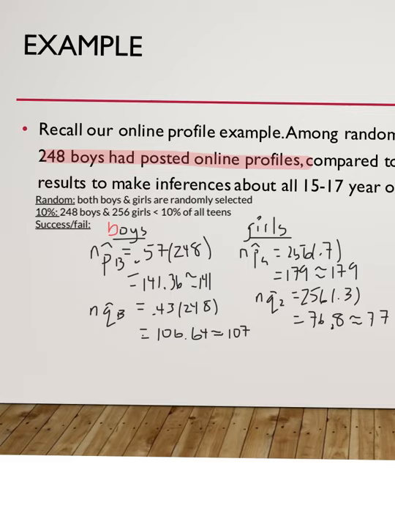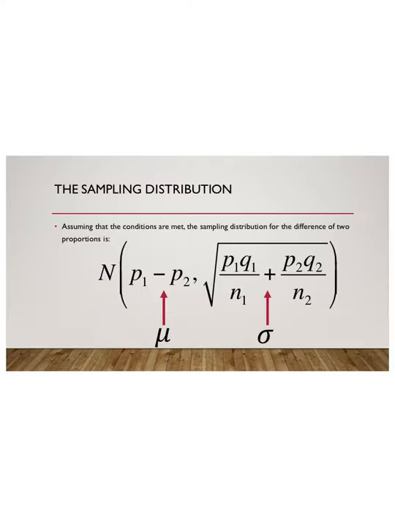So because all four of these are at least 10, we can use our inference methods. As soon as our conditions are met, the sampling distribution for the difference of two proportions is as follows. Notice that your mean is the difference of the two proportions, and our standard deviation is what we just found.